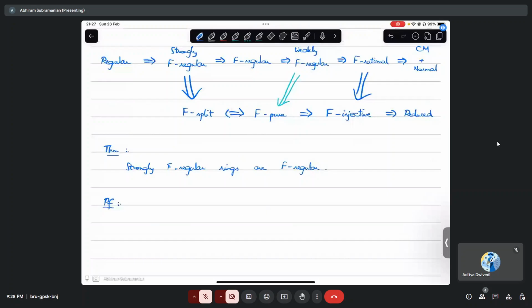This is where we need the local property condition. So why is this enough? Because we have shown that R is weakly F regular with this statement.